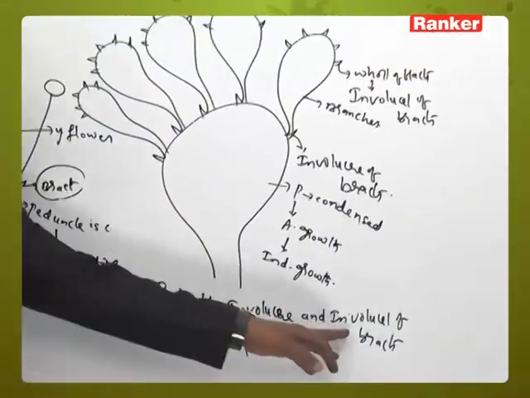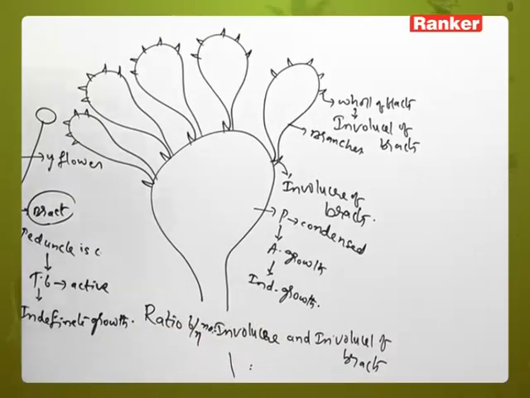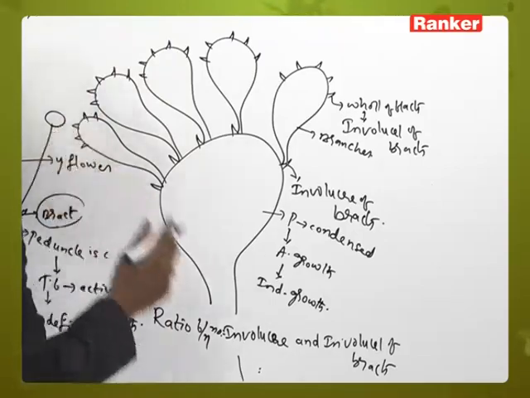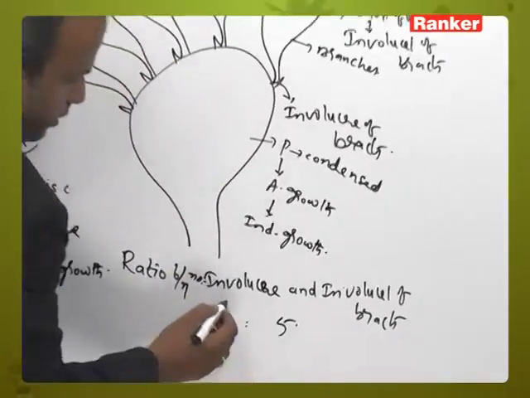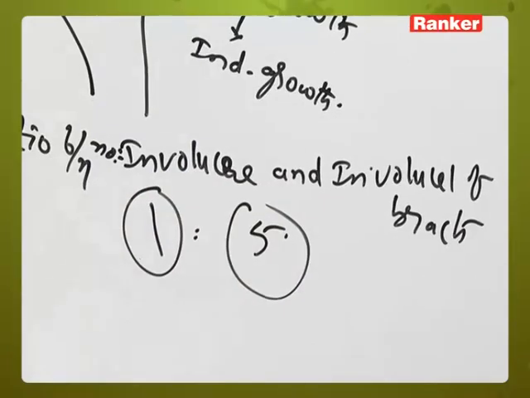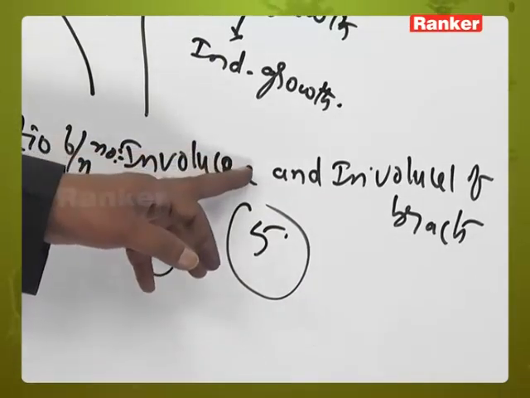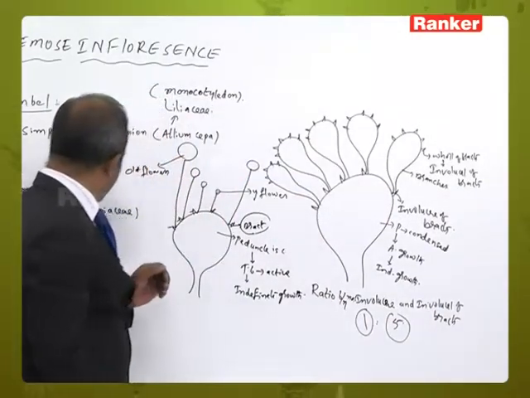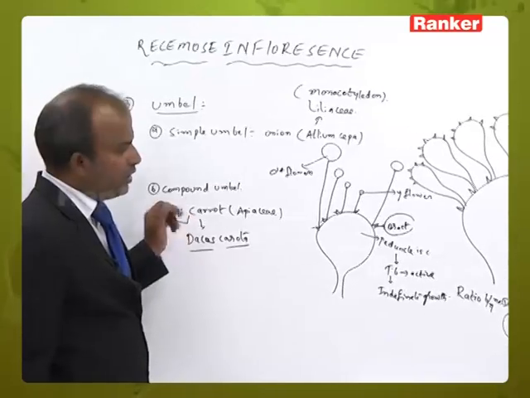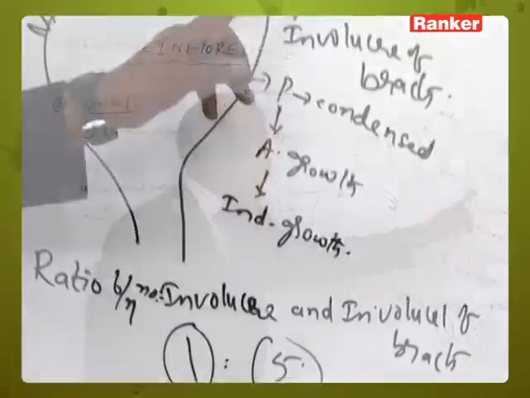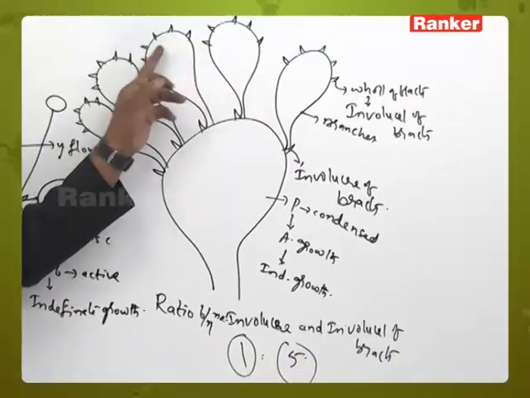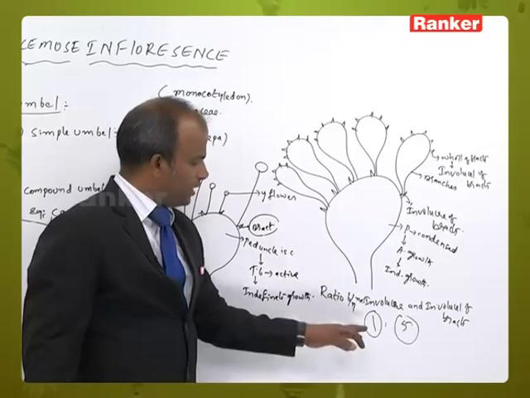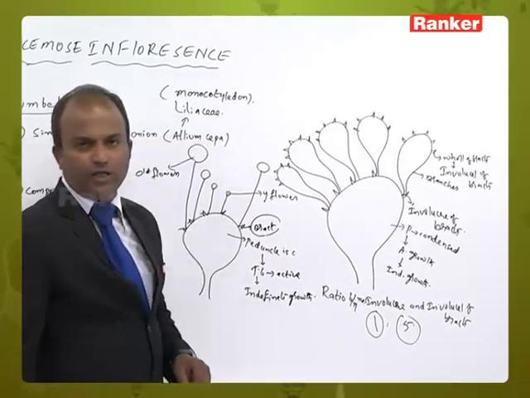And what is the number of involucels? Here 1 involucel, 2nd, 3rd, 4th and 5th involucel. So that is nothing but 1:5. The ratio between the number of involucres and involucels in compound umbel: this is 1 involucre whereas it shows 5 involucels. So the ratio is 1:5.